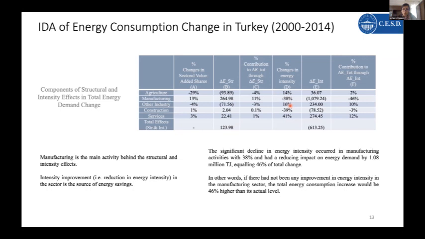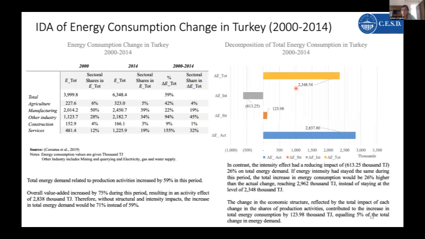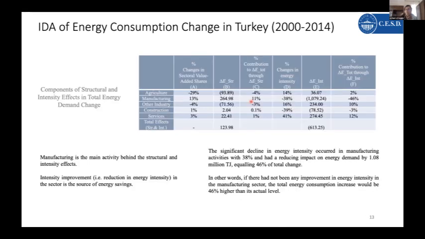Of course, the structural component of manufacturing, as the share of manufacturing increased 13%, also contributed 11% of increase in total energy consumption, but the gains from the energy intensity are higher than the structural impact. So that's why the total change in energy intensity has a decreasing impact on the energy consumption.